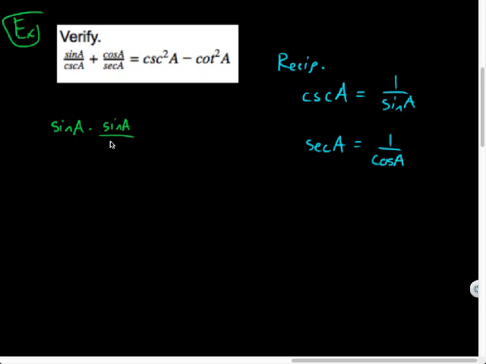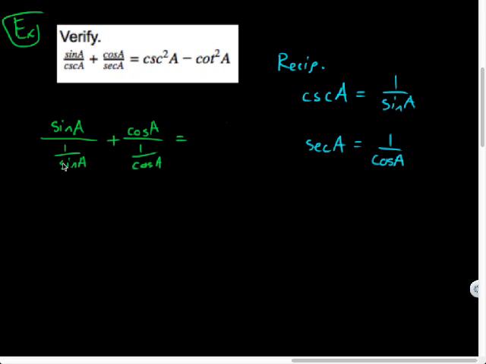Okay, all right, I'll write it all out. Here we go. Plus cos A over 1 over cos A. We might still have to use the Pythagorean one after. Because I'm anticipating I might do some more work here, I'm not going to rewrite this side. This might be one where I work on the left and the right and then meet in the middle. But let's just keep working on the left and see where it leads us.